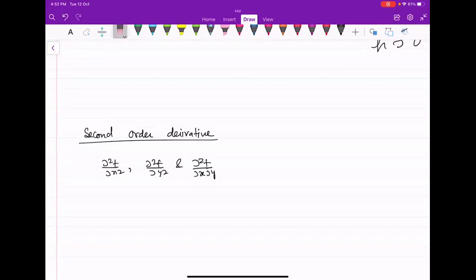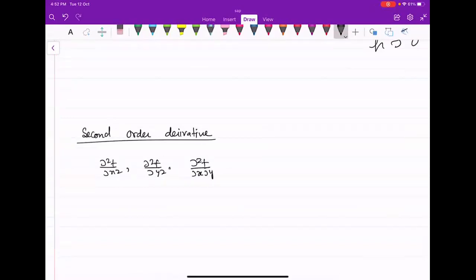And I can also compute one more thing, that is del 2f, where the order can be changed: del 2f, del x, del y, and del 2f, del y, del x. Are both the same or different? Can you get some idea from here? Different. Okay. They are not always equal.